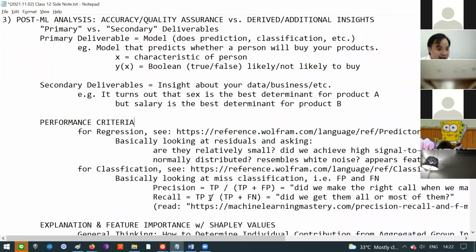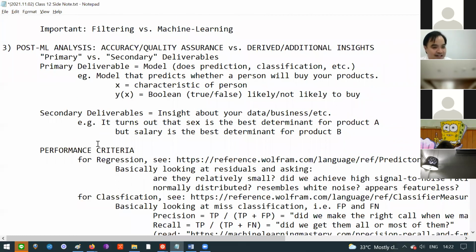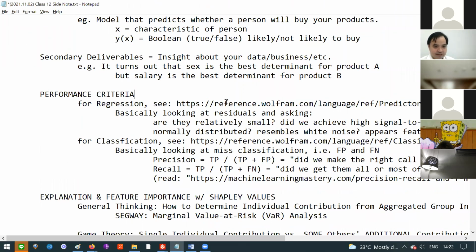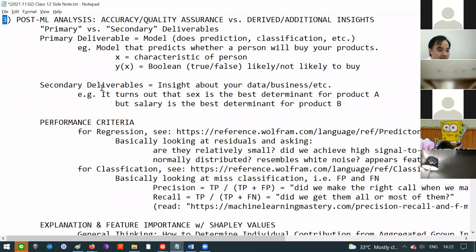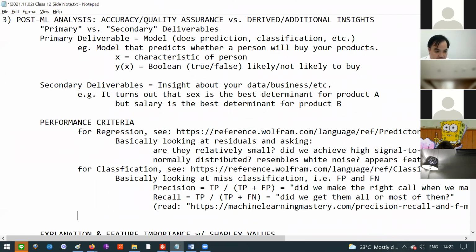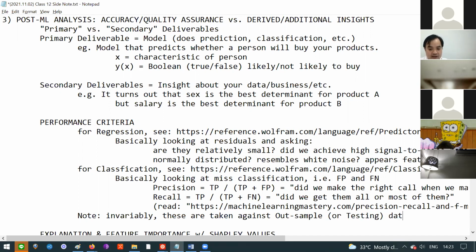Now I want to focus. This is why I'm talking about this thing number 3 instead of number 2, because invariably these are taken against out of sample.